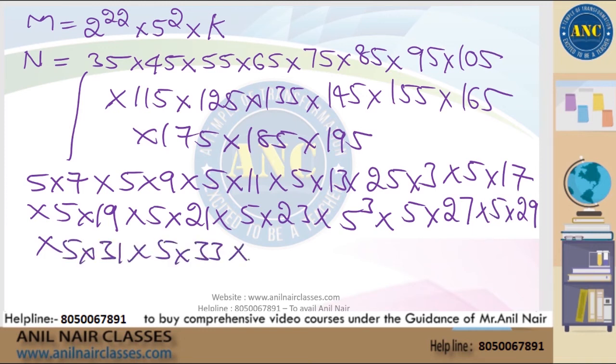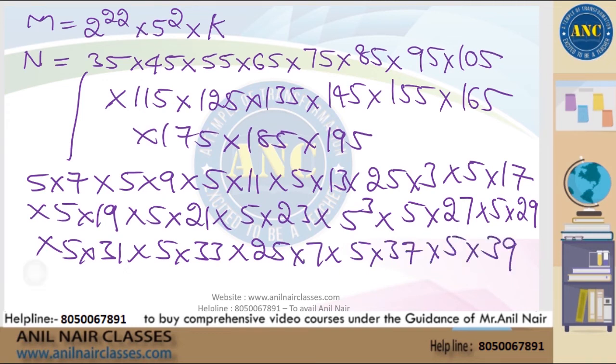I hope you are all there with me. 25 into 7, 5 into 37, 5 into 39. Till here clear? This is where I wrote plus 1, plus 1, plus 1.